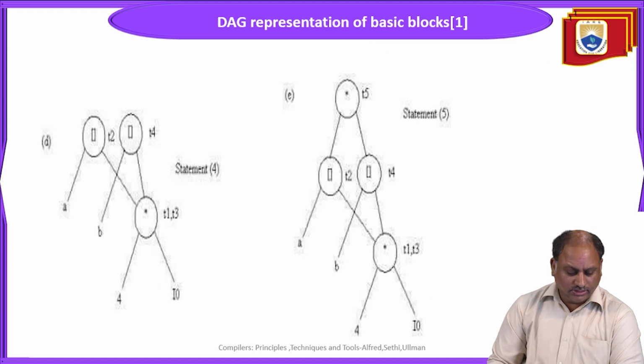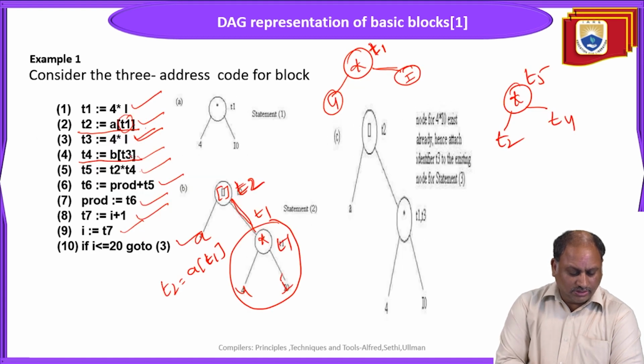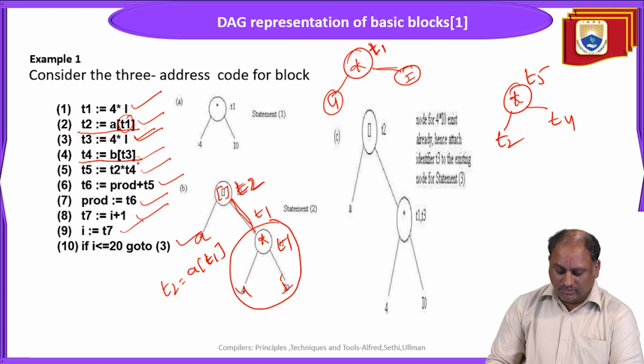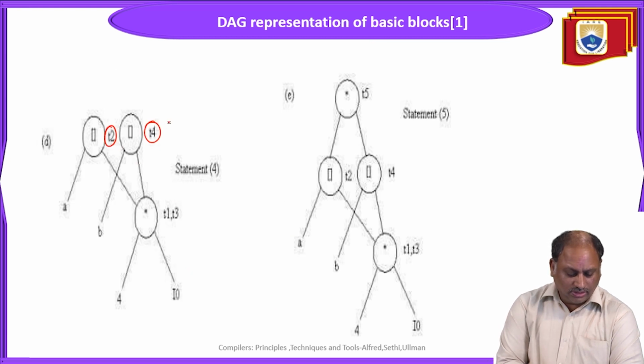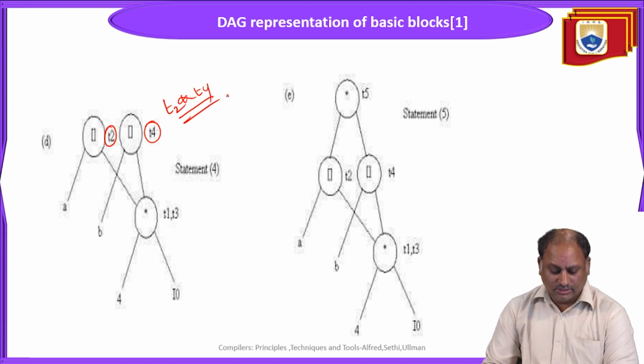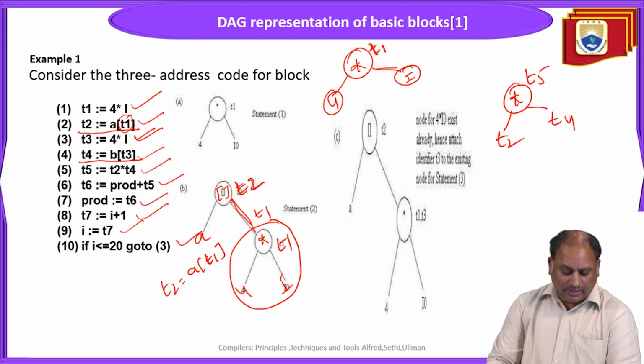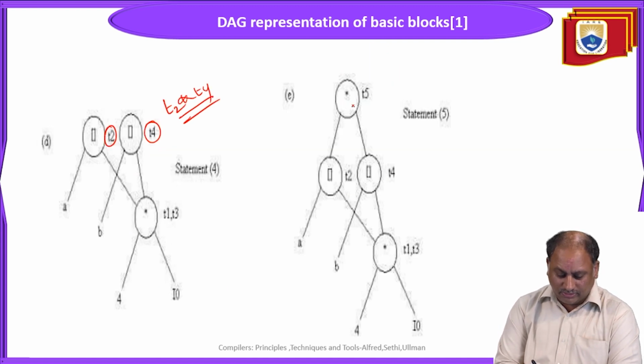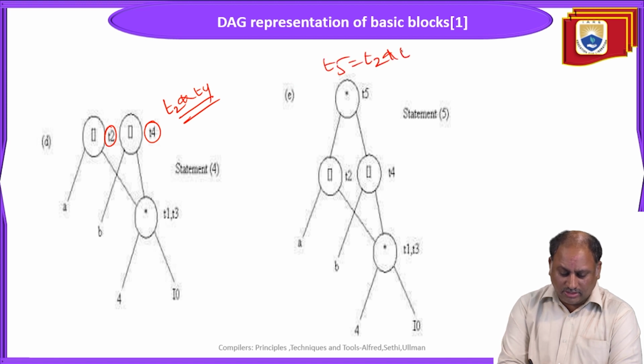So the two computations we have written as T2 and T4, and the result is T2 star T4. And then T5: what is the T5 computation? T5 is T2 star T4.